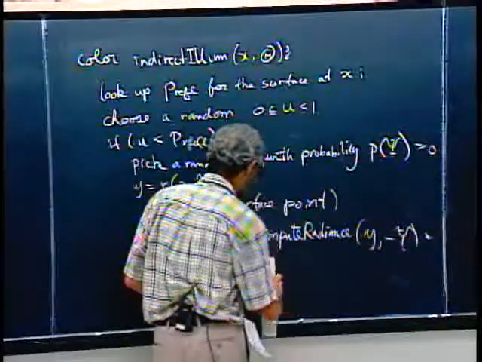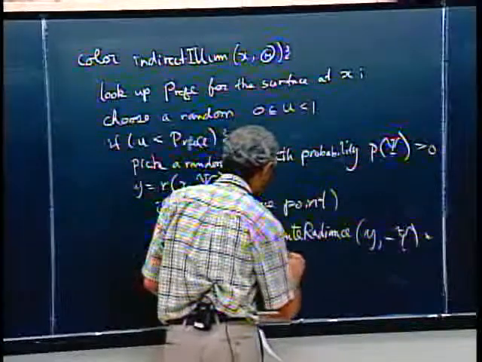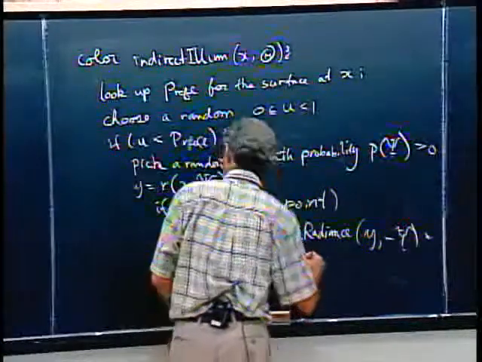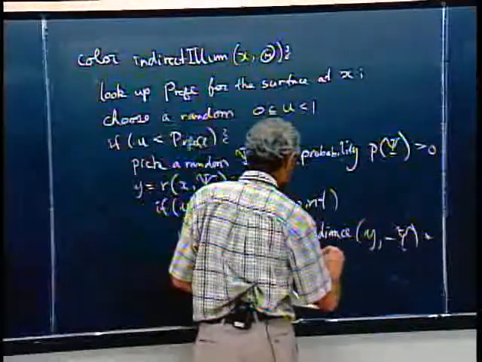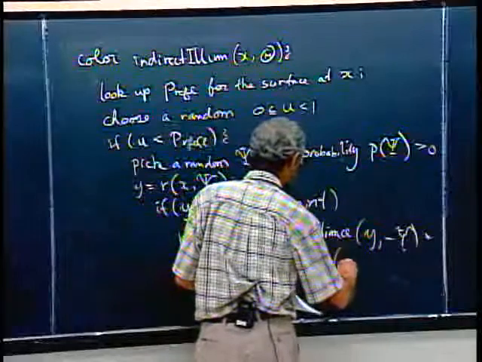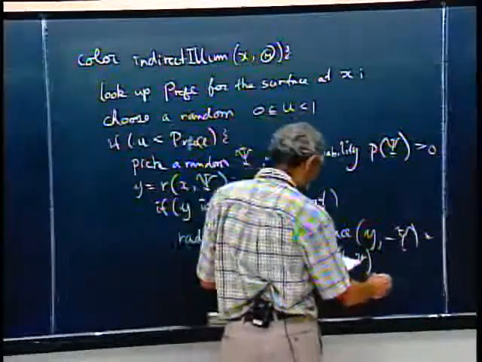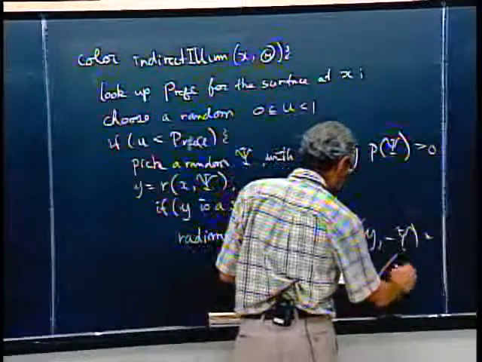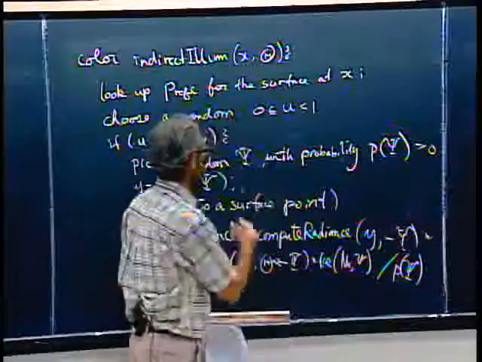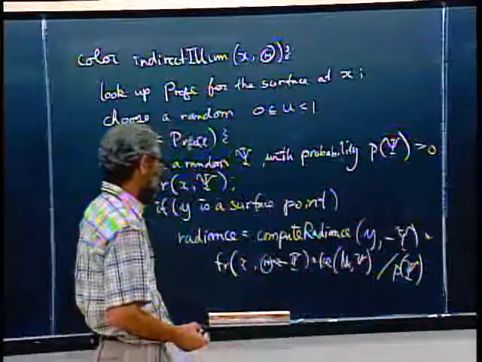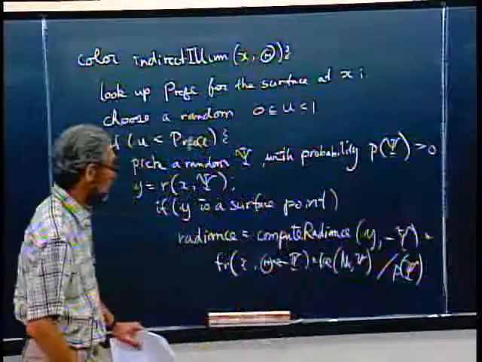I guess in the book they write it like this, coming in by psi and reflecting in theta. So it's the same contribution here that we're having to add up, n times the normal, why don't I say cosine now, nx psi, and then divide by the probability of psi. Right? So this is the probability of psi, not the probability of reflecting at all. And so that is the contribution if you hit the surface.